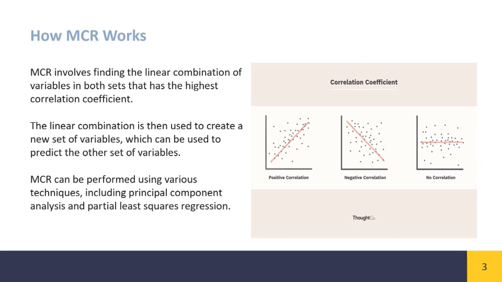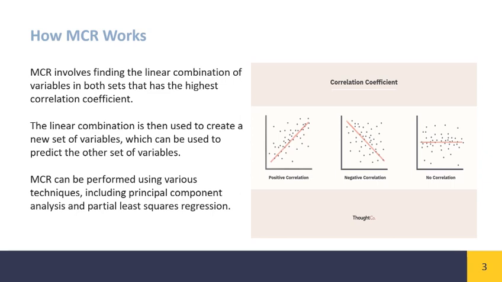In this slide, we see how maximal correlation regression works. Maximal correlation regression involves finding the linear combination of variables in both sets that has the highest correlation coefficient. The linear combination is then used to create a new set of variables which can be used to predict the other set of variables.